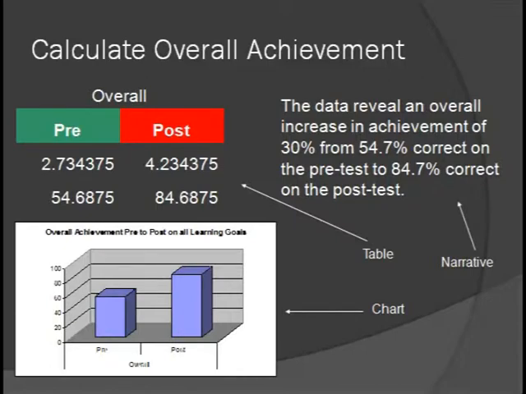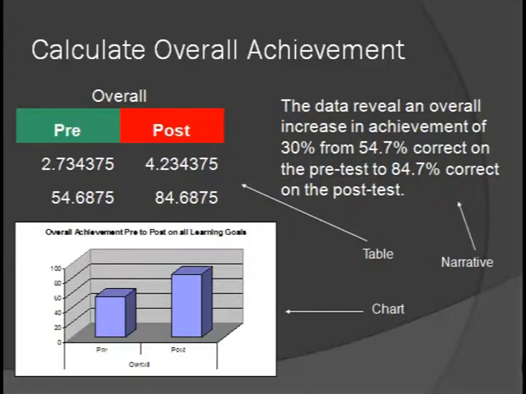But you will need these things. You will need a data table, you will need a chart, and you'll need a narrative. And the point is this: if you present your information in 3 different ways, you are addressing those people who need to see it in a chart, people who need to hear it, and people who are curious and would like to see the data.